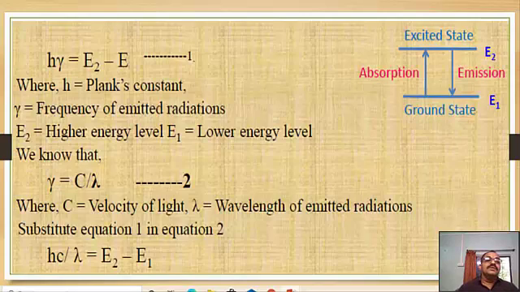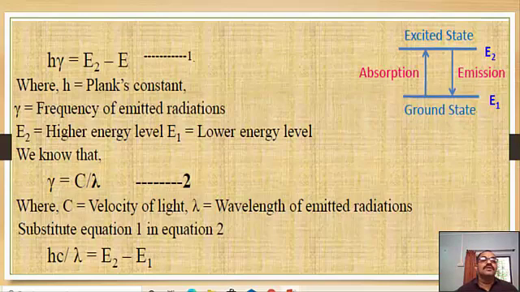Now whatever energy is lost during the de-excitation is equal to the energy gap between the ground state and the excited state. That energy is nothing but hν, where h is Planck's constant and ν is the frequency of the emitted radiation.